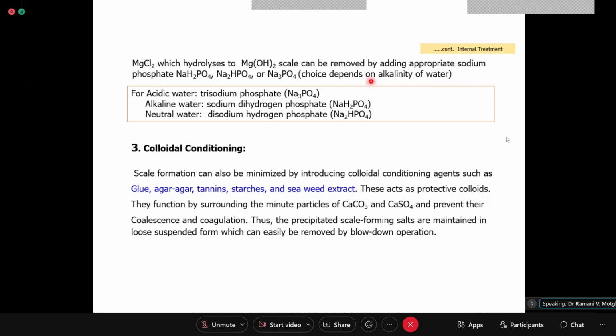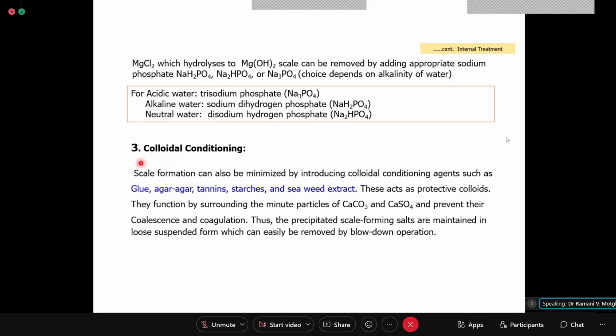If the water sample is alkaline in nature, you will use sodium dihydrogen phosphate because it has H plus. For acidic water, trisodium phosphate. For neutral water, disodium hydrogen phosphate is used. So depending on this, you can use them.